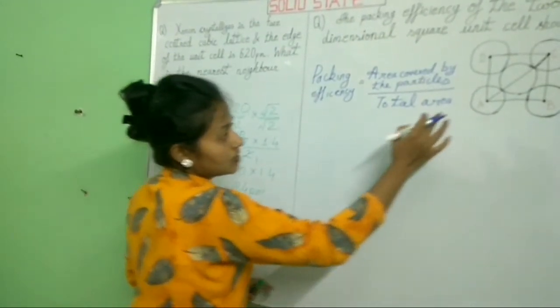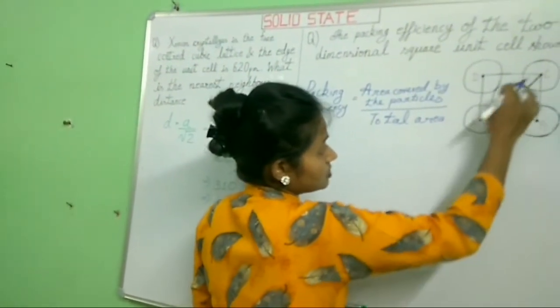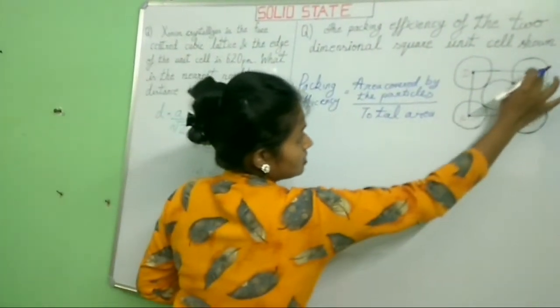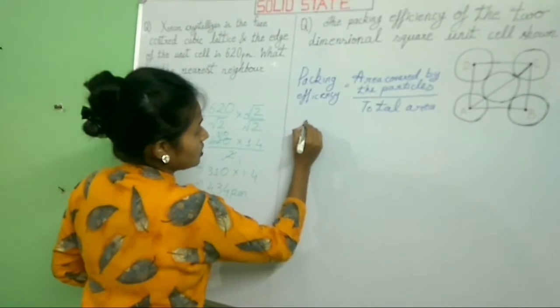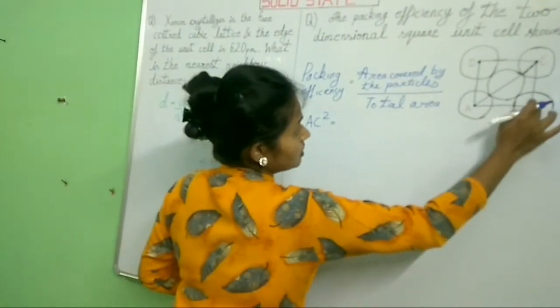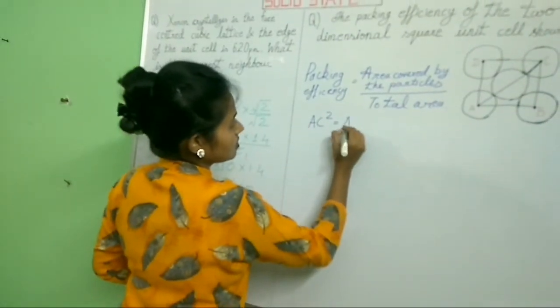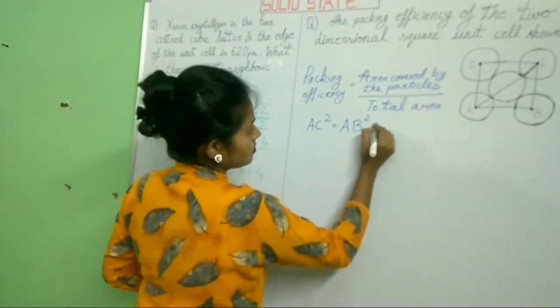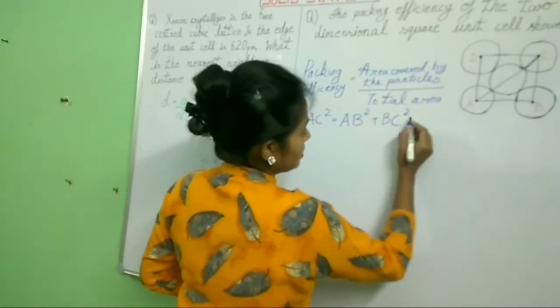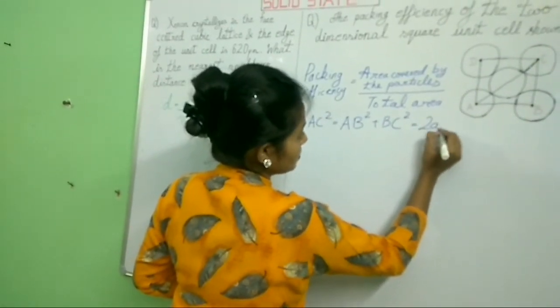Now, in the square unit cell, let us first find out the diagonal. So, here AC is the diagonal. So, AC square equals AB square plus BC square. And if we take the edge length as A, then it will get 2A square.